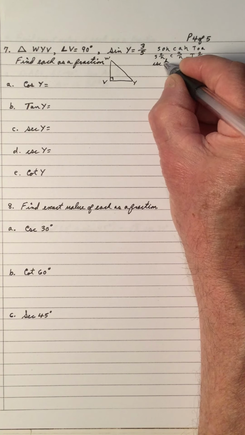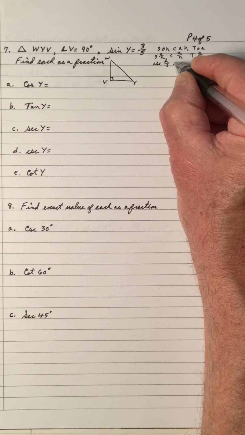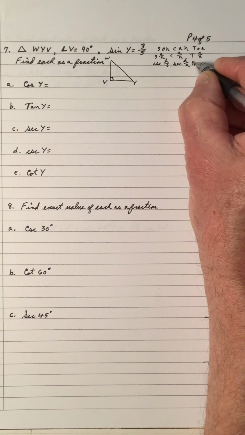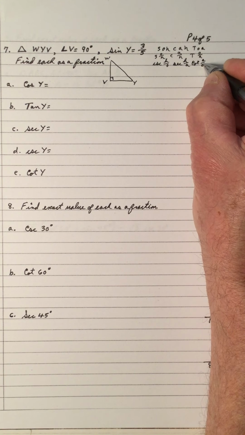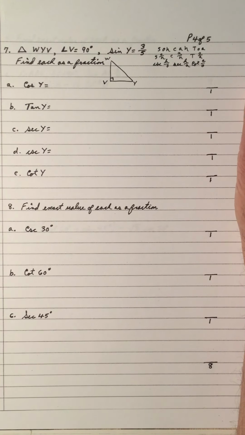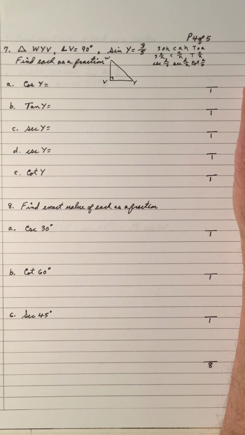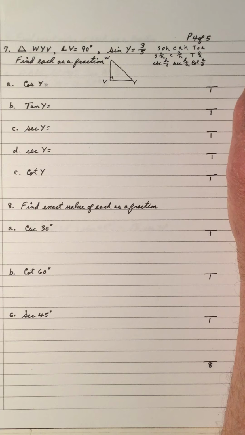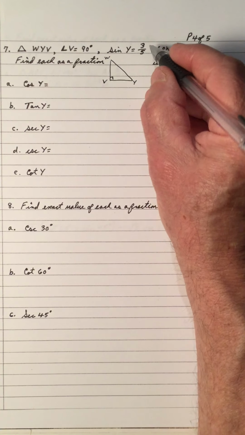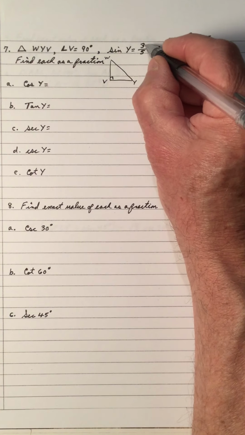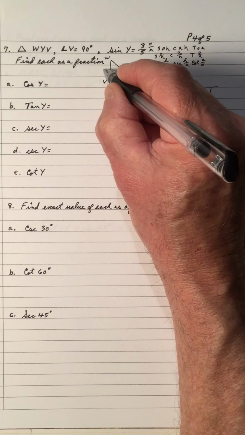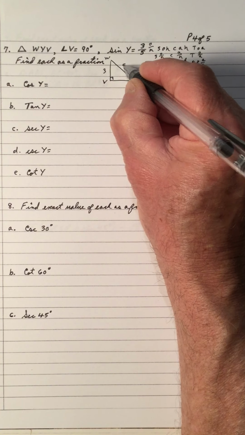Cosecant, hypotenuse over opposite, and secant is hypotenuse over adjacent, and cot is adjacent over opposite. So, again, put it down on a sheet of paper when you're doing trig, and you have it. Now we have sine is opposite over hypotenuse for angle Y. Opposite is 3, hypotenuse is 5.